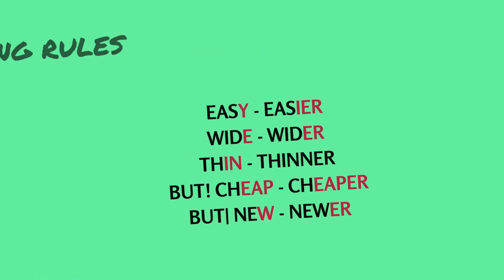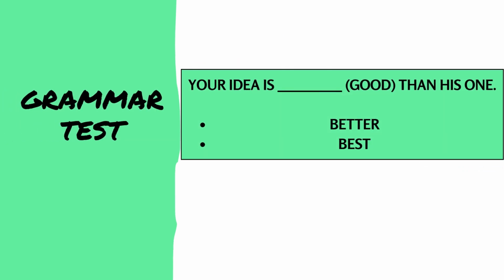Now let's continue with the short grammar test. So the first sentence is, your idea is, in brackets you can see the adjective good, then his one. And you have two choices, better or best. What's your opinion? What is the correct answer in this sentence?